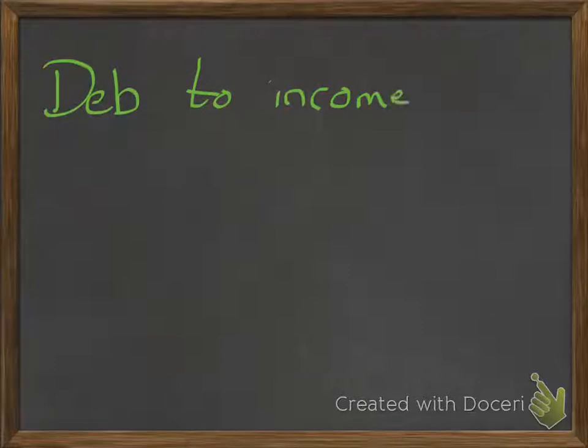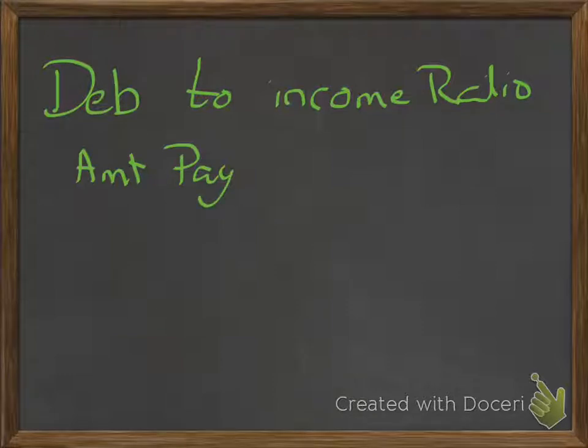And so let's calculate our debt to income ratio. So our debt to income ratio is amount of payments divided by your total monthly income times 100%.